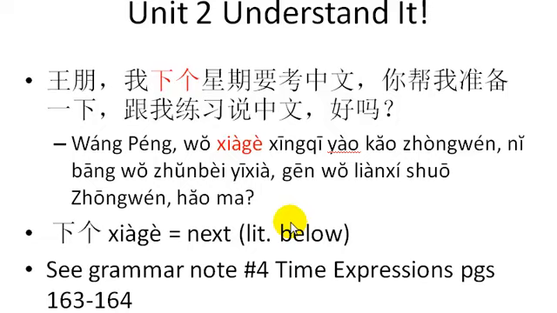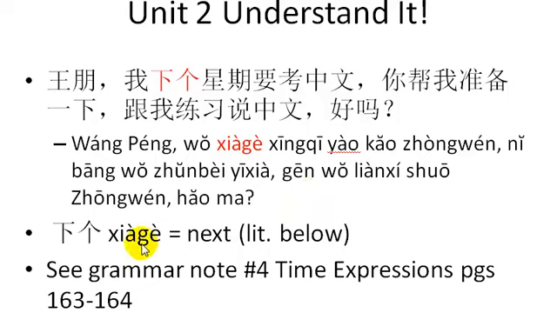So 下个 meaning next, and so you see right here you have 星期, which you will recall from an earlier lesson. 星期 means week, so you have next week. So in time expressions in Chinese, imagine time flowing from top to bottom. So time begins at the top and it flows down, down, down. Week 1, week 2, week 3, week 4.